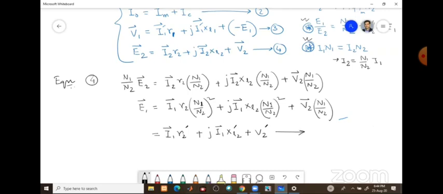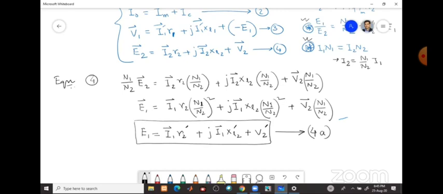So now the equation becomes different. You see, the same equation, now it has been modified. Is this clear?